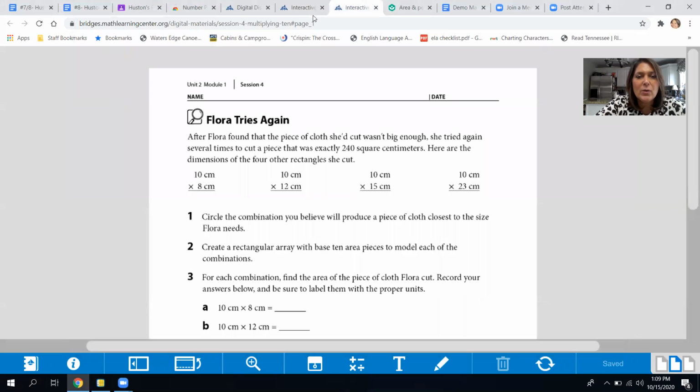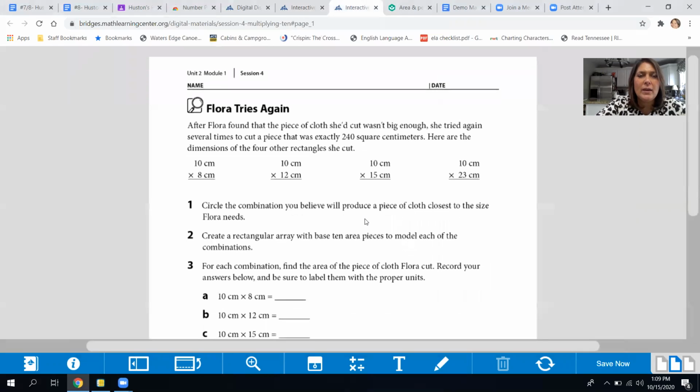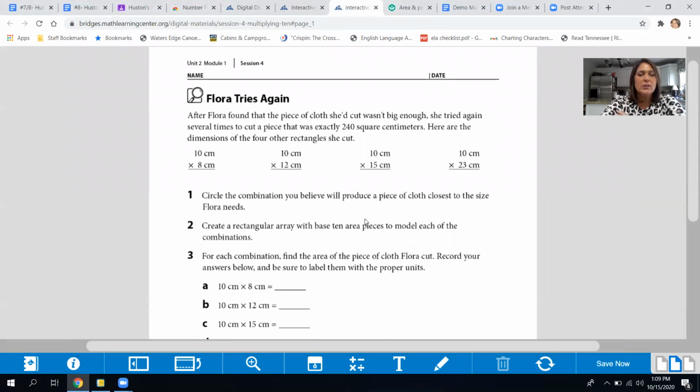Okay, so now onto the second page, and these are some questions that you can kind of do on your own, but I do want to read the first one to you. It says, Flora tries again. She's not giving up. After Flora found that the piece of cloth she'd cut wasn't big enough, she tried again several times to cut a piece that was exactly 240 square centimeters.